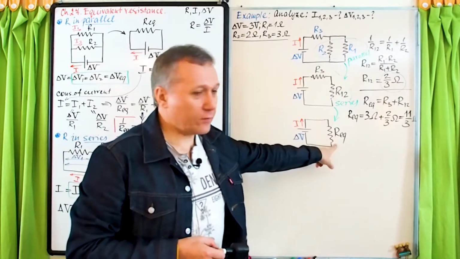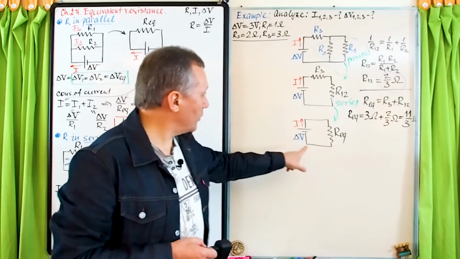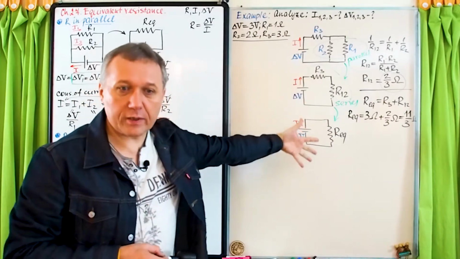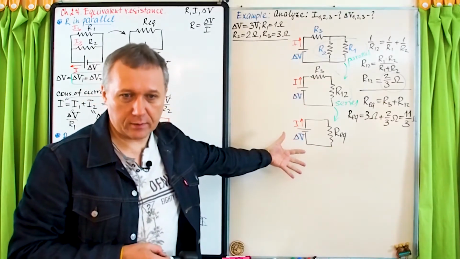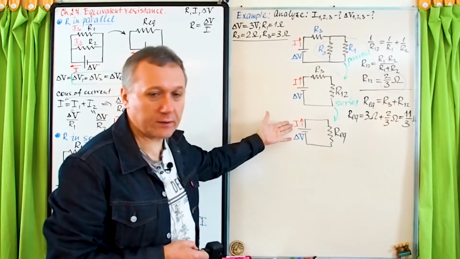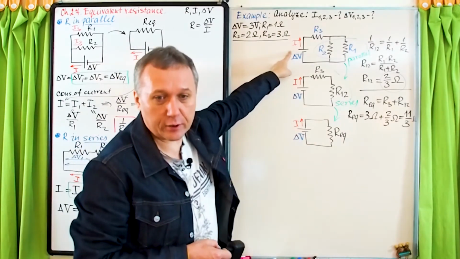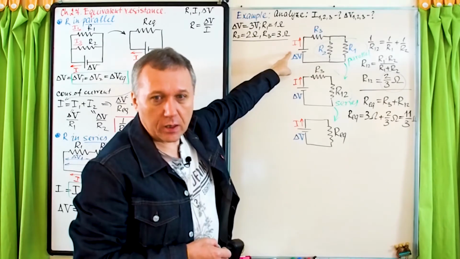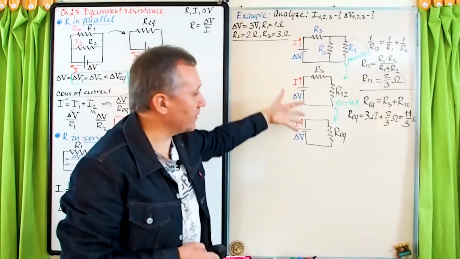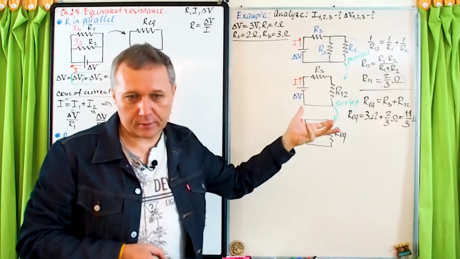Now look at this circuit. We know the value of the resistor. We know the potential difference is still the same, 3 volts. Now we can find the total current. That's the advantage, that's why we simplified this circuit, so that we can find the total current. If I asked you from the very beginning about the value of the current, you wouldn't be able to tell me, unless you are very experienced and can do this quickly in your head.